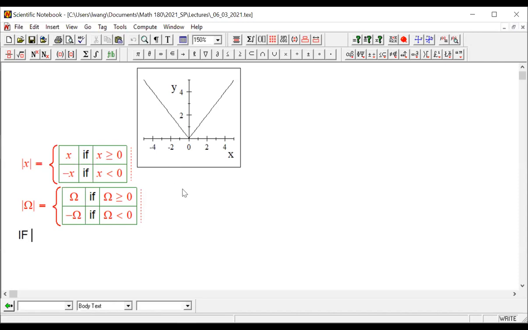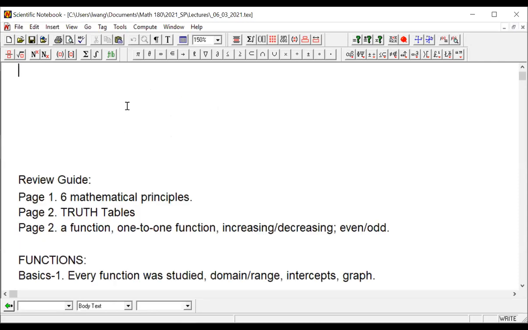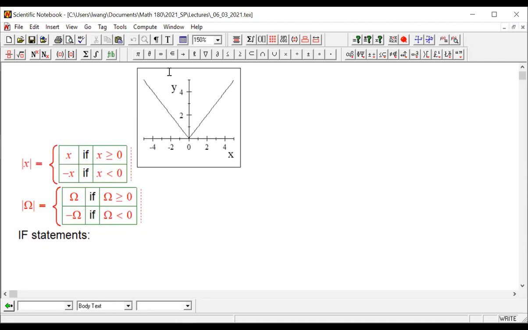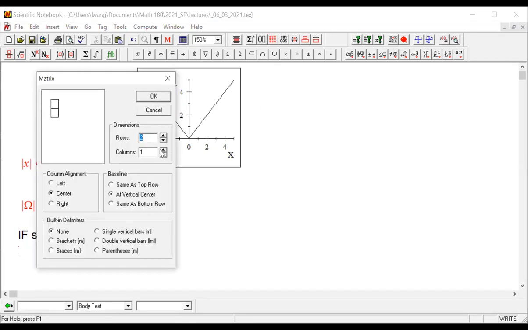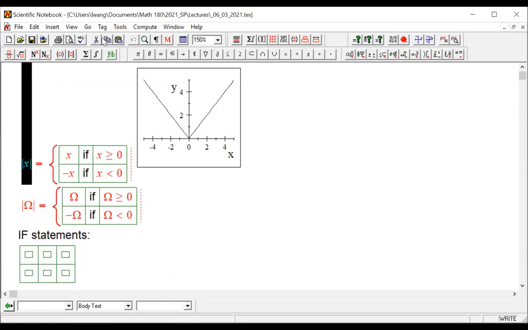So let's look at the if statement, the if statements that we were talking about. There are three major categories, three columns. One is the absolute value from the symbol. So these are all if statements.